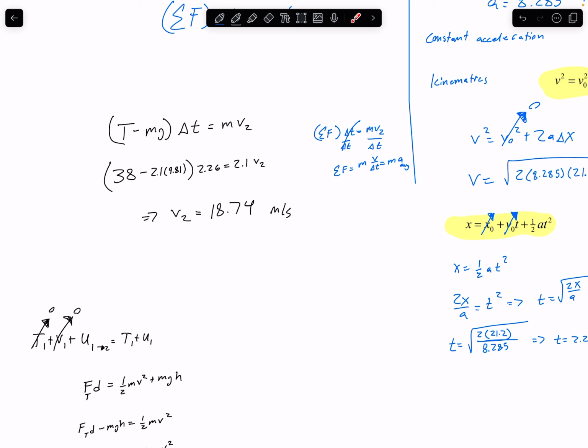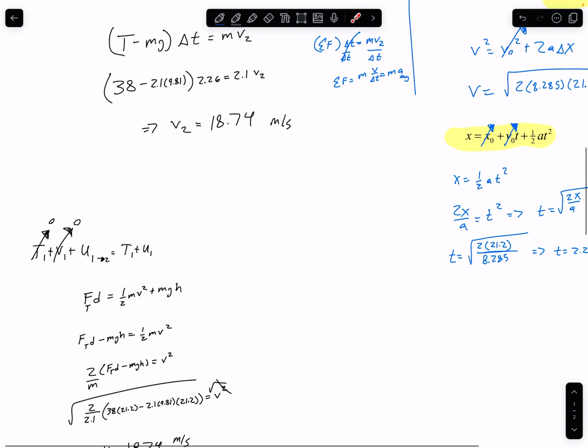That's why we could use the kinematic equations. We have everything except, well, now that we have the delta t from before, the only thing we don't have is the final velocity, or v2. And after plugging everything in, we get v2 is equal to 18.74 meters per second.